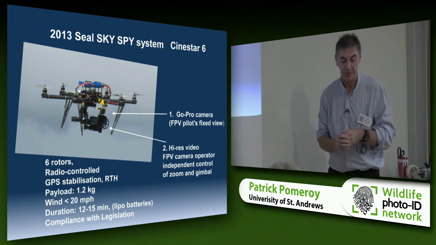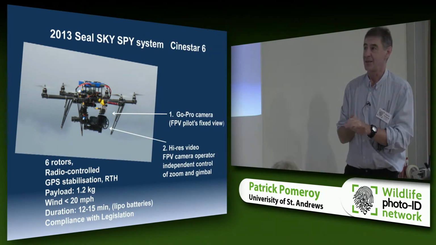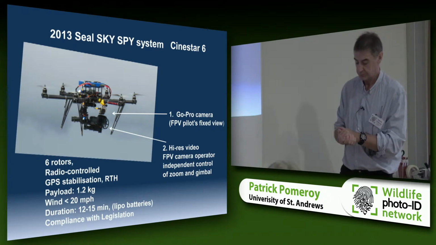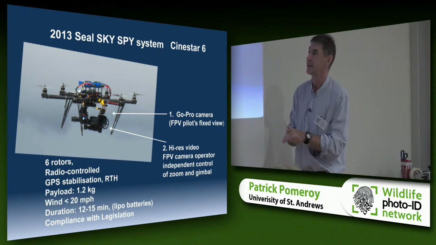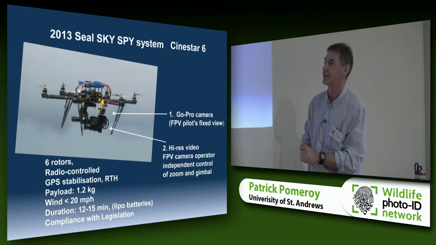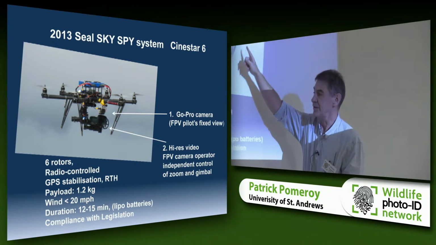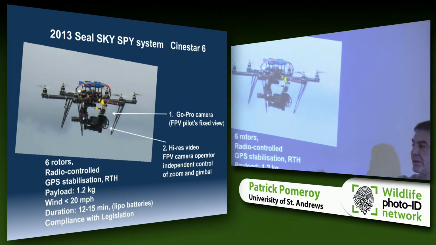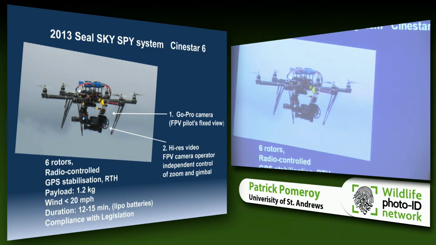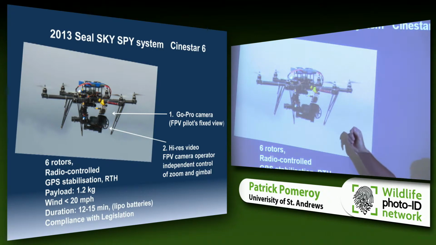And to show you the system that we had been using, this is it in some detail. This is the 2013 model based on a Cinestar 6, which is a 6-rotor machine. It's radio controlled. It has GPS stabilization and a return to home function.